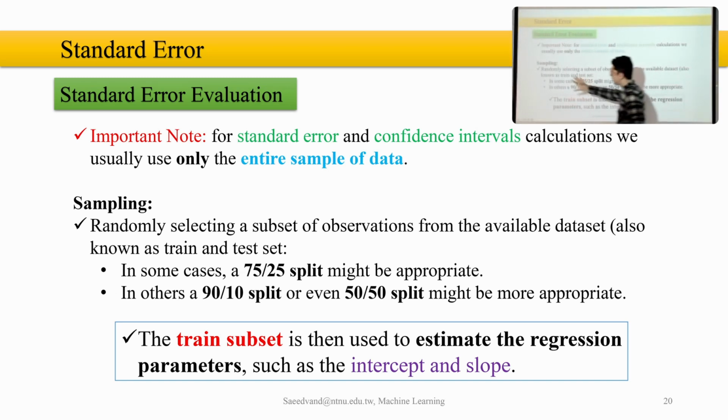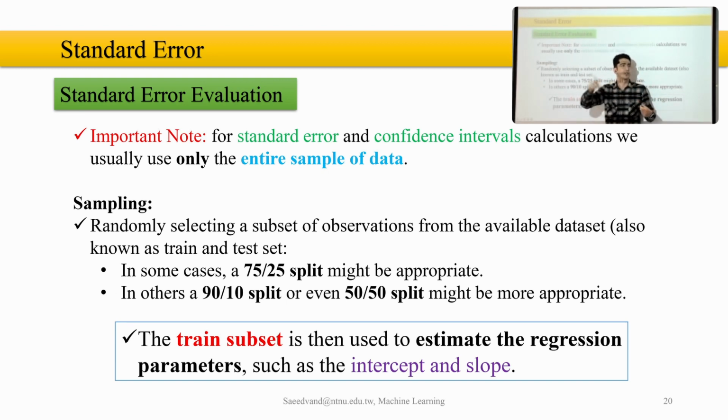But on the other hand, now we want to define the sampling definition. As you know, in machine learning, we usually don't want to train our model based on all the data that we have. We want to split it into train set and test set, right? And how we split into train set and test set, we call it sampling. In statistical learning and machine learning, when we say sampling, you should quickly understand that it's very common.